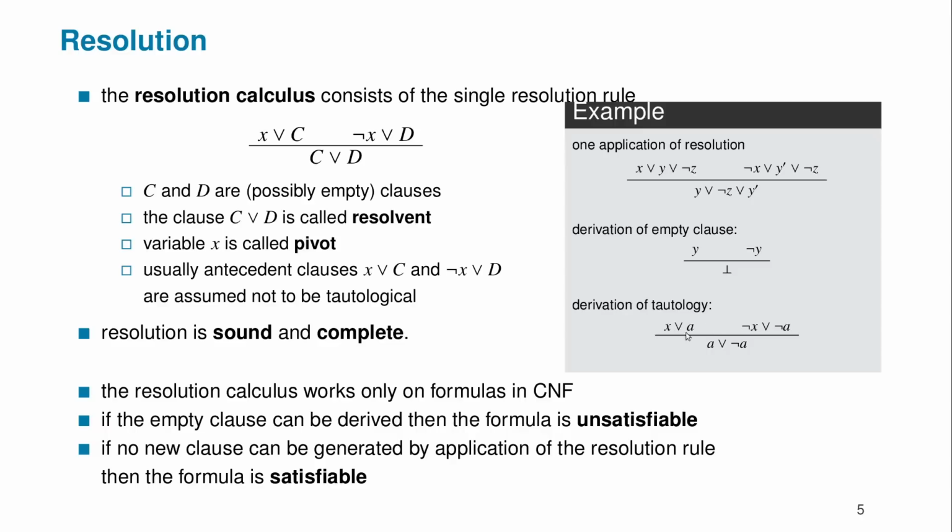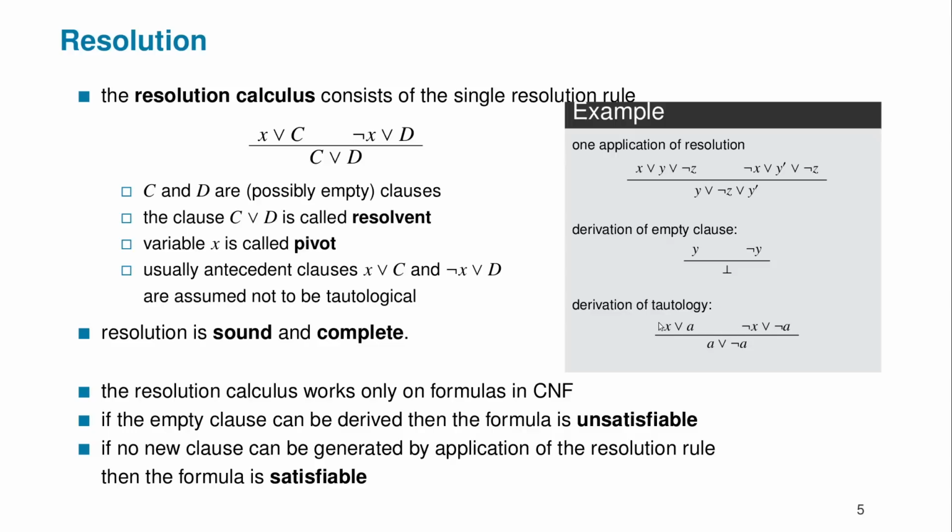Say x is our pivot, then we derive a clause a or not a, which is a tautology. This we cannot use to derive a contradiction, because this clause is always true. What would be completely wrong is if we derived the empty clause already from these two by using two pivots, but this is unsound, which can be shown very easily.